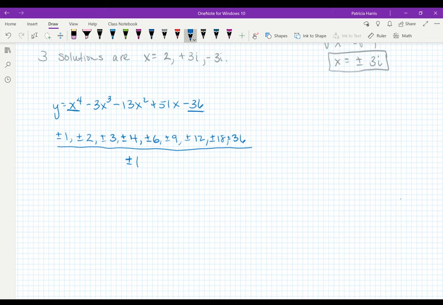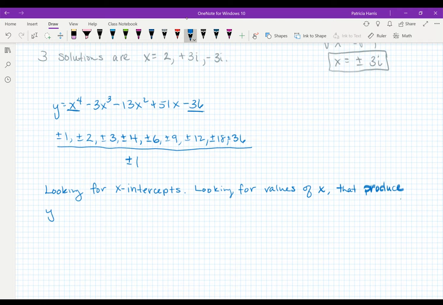The easiest ones to try out are 1 and -1, so we're going to start there. Remember that you are looking for x-intercepts, which means you're looking for values of x that produce y equals 0.